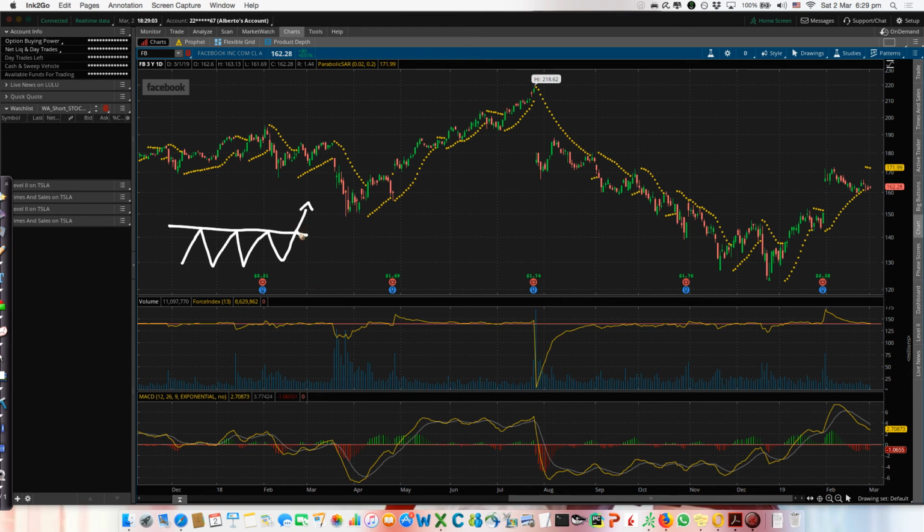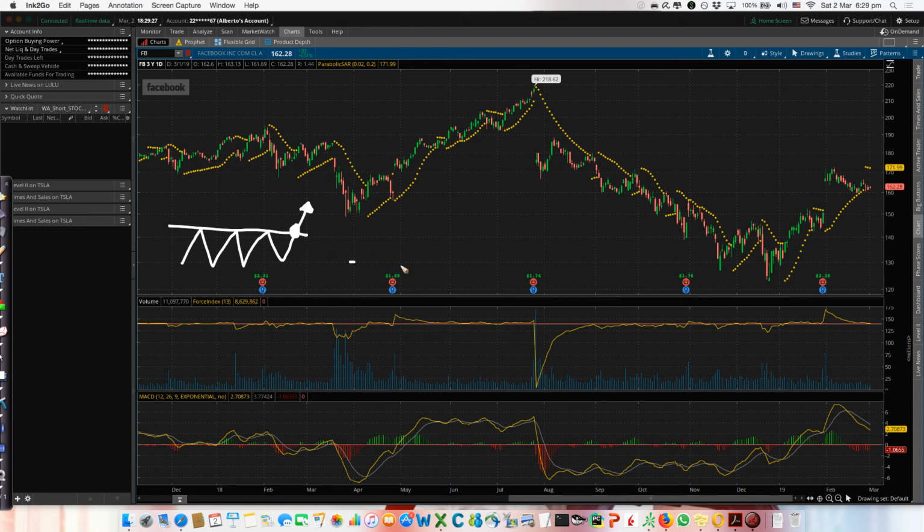When you see this breakout here, you want ideally to see a positive force index. Why? Because you want to see a breakout supported by a large volume. So if you see a positive force index, and even better, if you see the force index increasing, that's a very strong sign that the breakout is valid.